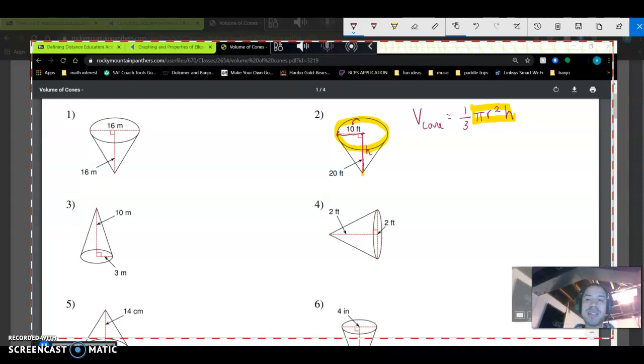So to figure this out, we get 1/3 pi, our r value, which is 10 squared, times our height, which is 20.